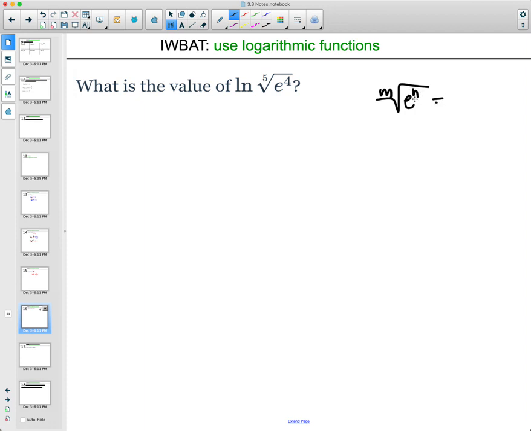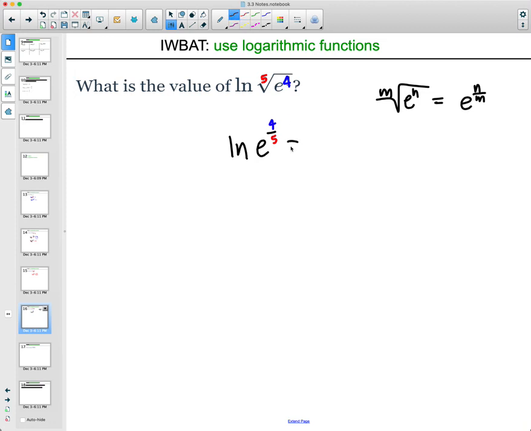The n will stay the exponent, and then this root will come underneath that exponent. So the mth root of e to the n is e to the n over m. So in this case, this 5 would be our bottom number, and this 4 would be our top number. So we actually have ln of e to the 4/5 power.